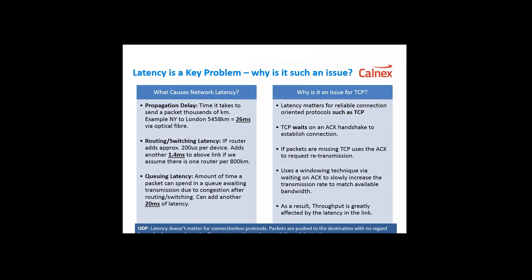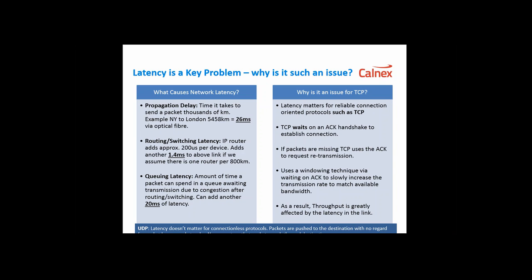The challenge with that kind of latency is that it does matter, as we've discussed before, for a connection-oriented protocol like TCP. The reason is TCP waits on the acknowledgement to establish the connection. If packets are missing or don't arrive within time, it uses the acknowledge to request a retransmission. It uses the windowing technique, which we'll look at in a little bit more detail, on waiting for the acknowledgement to slowly increase the transmission rate to match the available bandwidth.